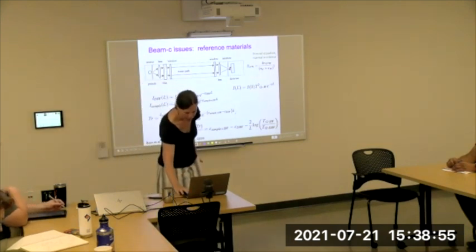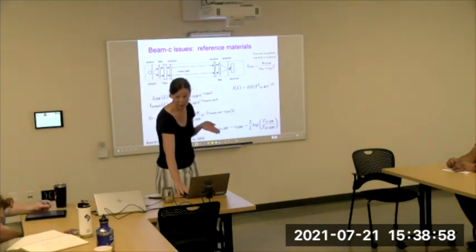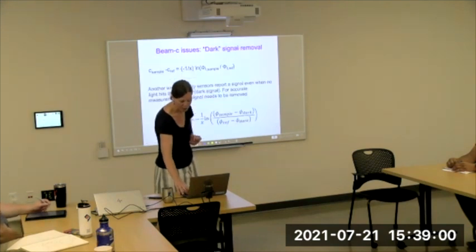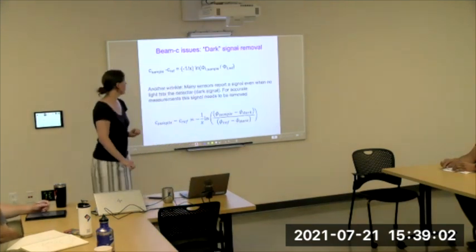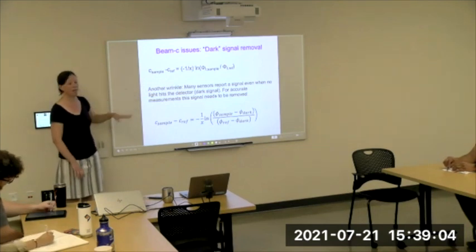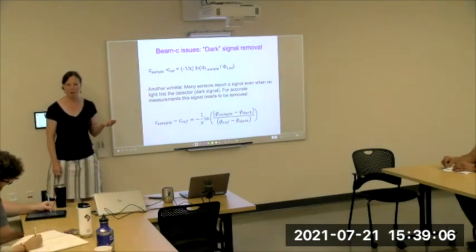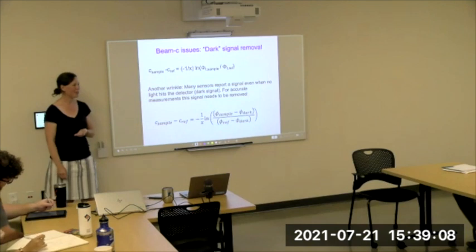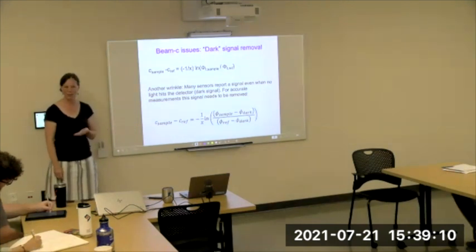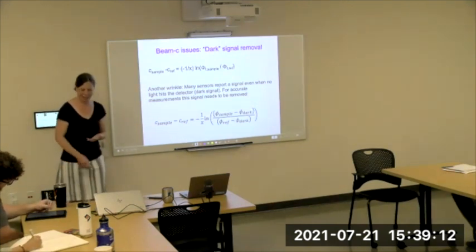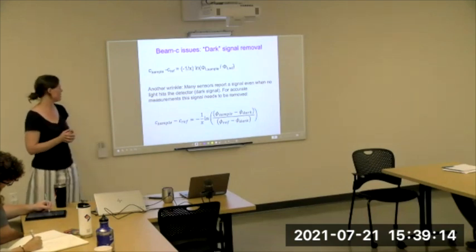All right, so reference materials, index of refraction might be an issue in some key situations. Another thing to think about is that some sensors don't read 0 when there is no light hitting them. There could be electrical noise, there could be drift that is uncharacterized.